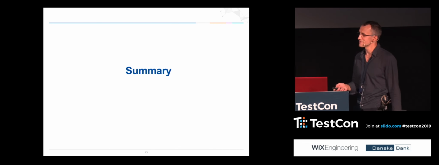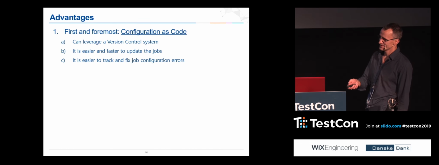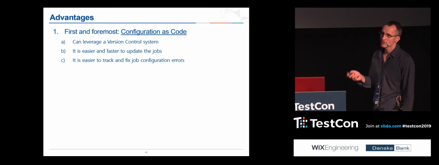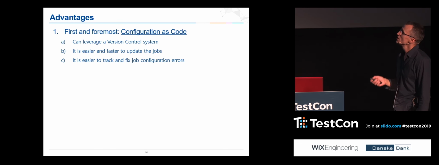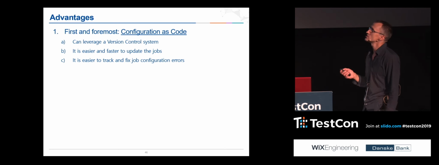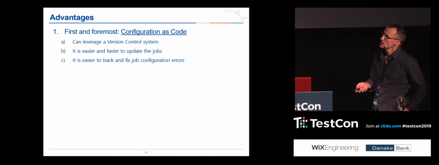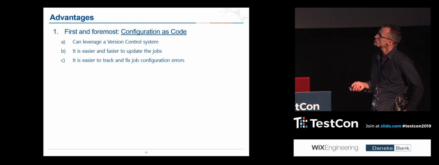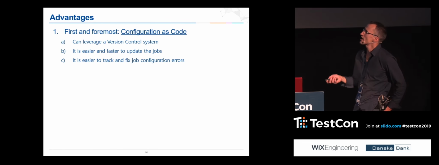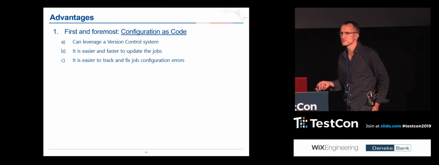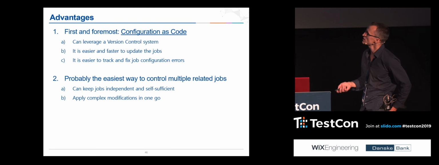So let's summarize now. What are the advantages of the approach? First and foremost, you have configuration as code, so you can leverage the version control system. It's easier and faster to update your jobs, and it's easier to track job configuration changes and fixes, right?